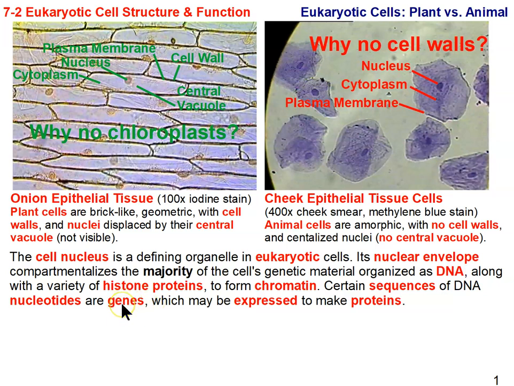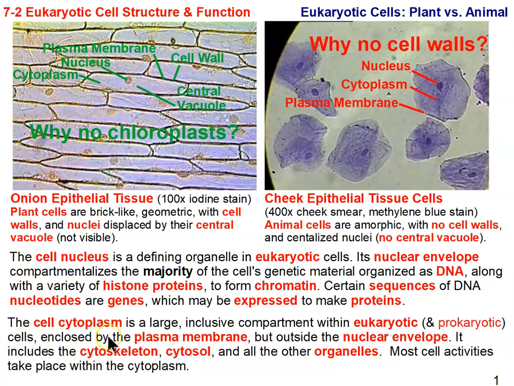And the genes, whether it be a prokaryote or a eukaryote, will be expressed to make proteins. Remember, that's primarily what DNA codes for, are proteins. But we can also throw in functional RNAs too. Examples being transfer RNA and ribosomal RNA are functional RNAs, and there are genes that code for those.